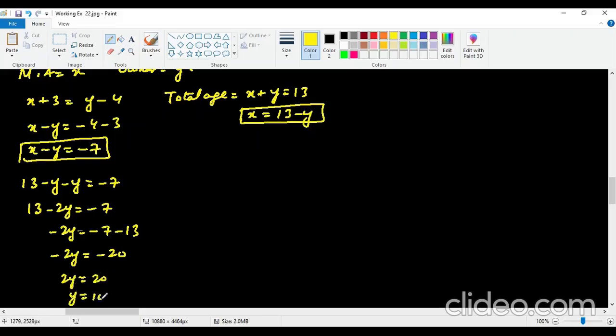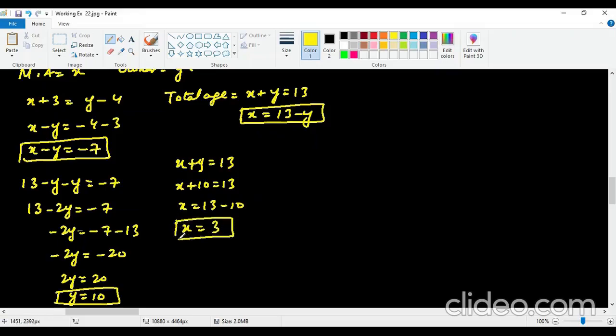So the owner's age is 10. Now in here, I know very well that x plus y equals 13. That means the value of y is 10, so x will be equal to 13 minus 10. So the mouse's age is going to be 3. The mouse's age is 3 and the owner's age is 10 years.